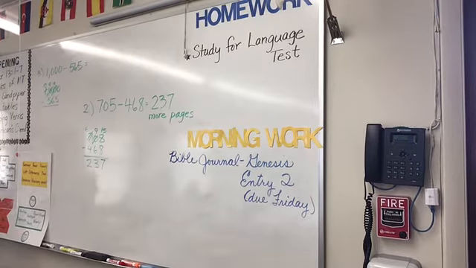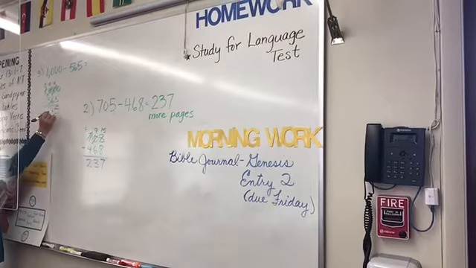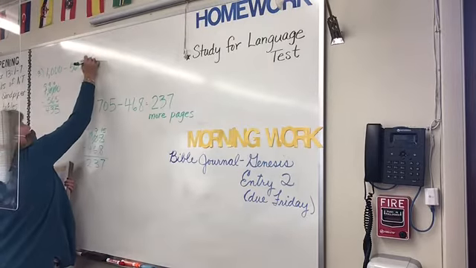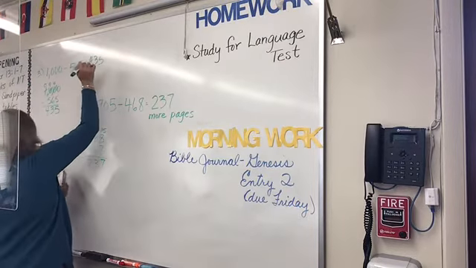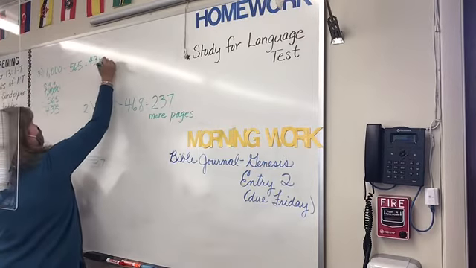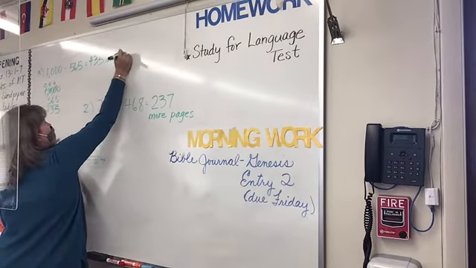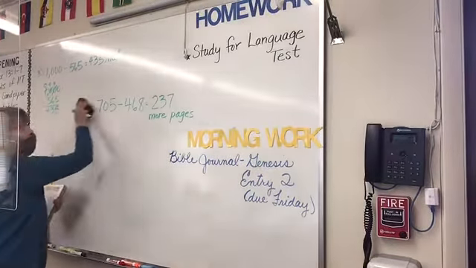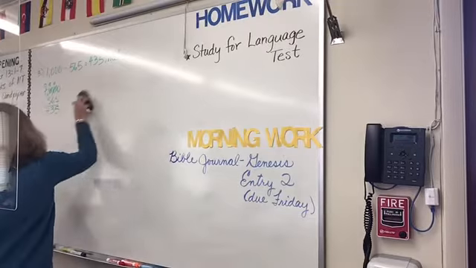So, 10 minus 5, 9 minus 6, 9 minus 5. So 435 is our other part, and what's the label? Miles. Very good, you guys are quick. And then number 4.